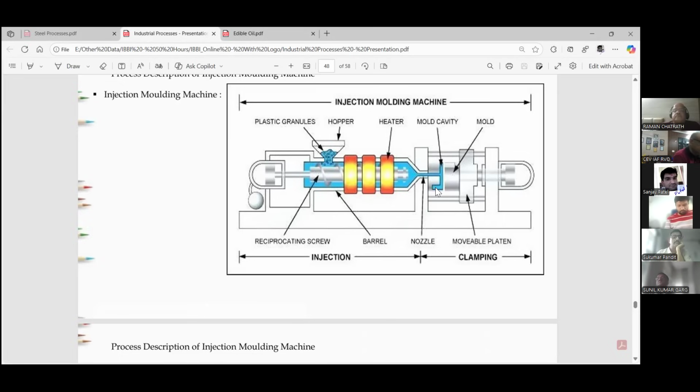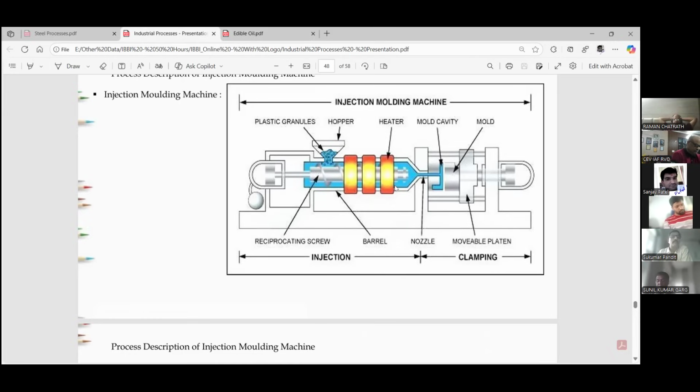Once your mold is completely filled, the mold will be removed from the machine and go for the cooling process. Once the cooling is complete, the mold is opened and you get your product using the injection molding machine. So in an injection molding machine, you feed the plastic granules into a barrel, where heat converts them into molten plastic.